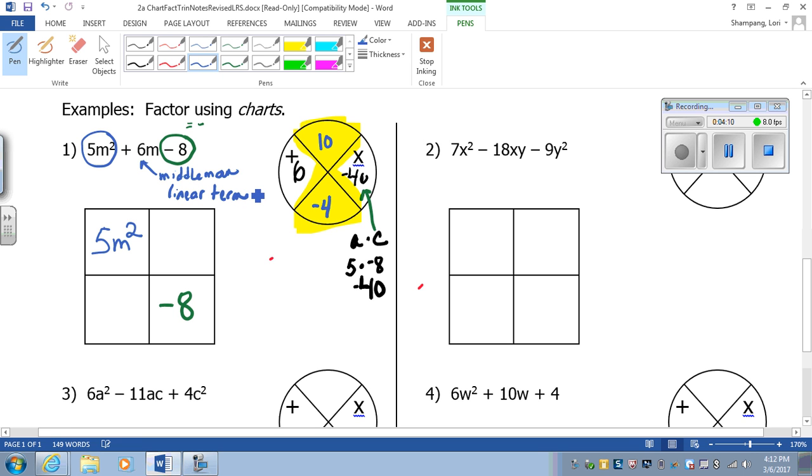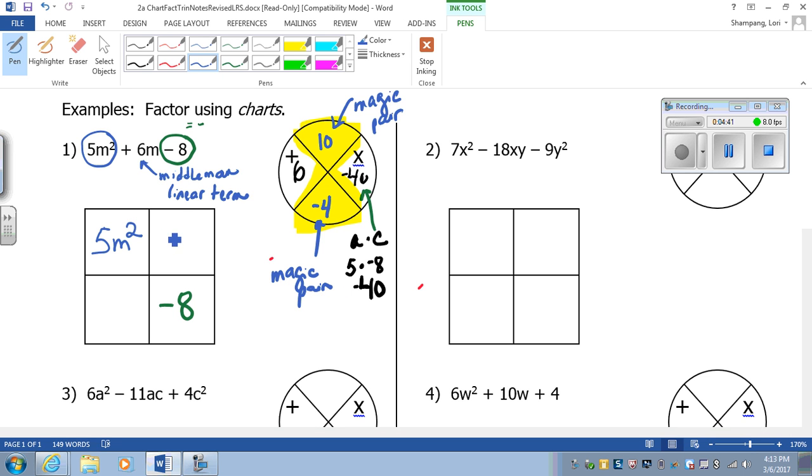Remember, our magic pair is 10 and -4. And place them in the chart. It doesn't matter which spot you put them in, but you need to add the variable next to them. So we're going to have a 10m here and -4m here.